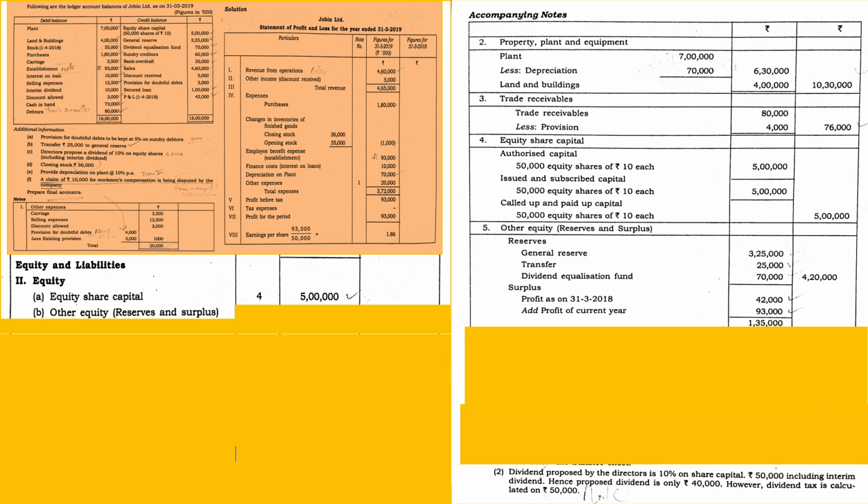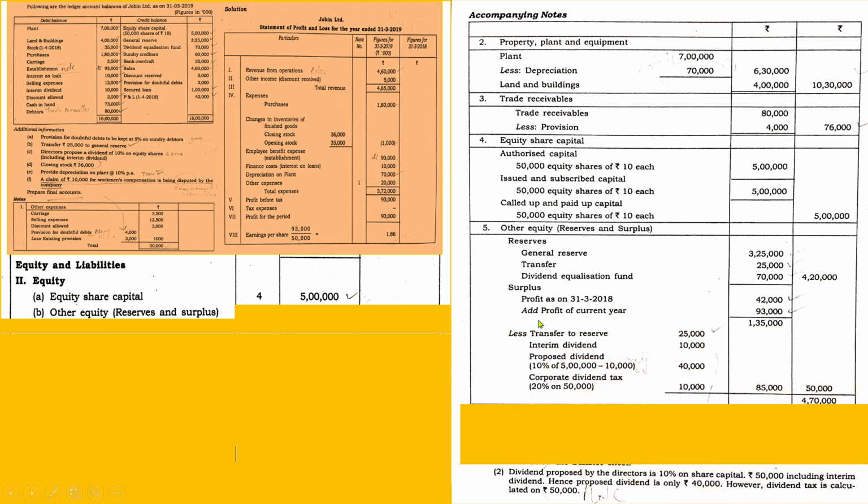So first of all, write down transfer to reserve 25,000. I mentioned this 25,000 concept yesterday. Here we have included it because we have taken a certain amount from profit to the reserve side. Since we have taken only the reserves item, that is why 25,000 is taken here.